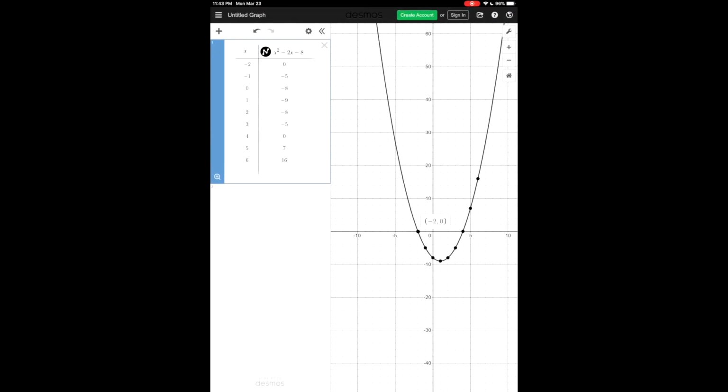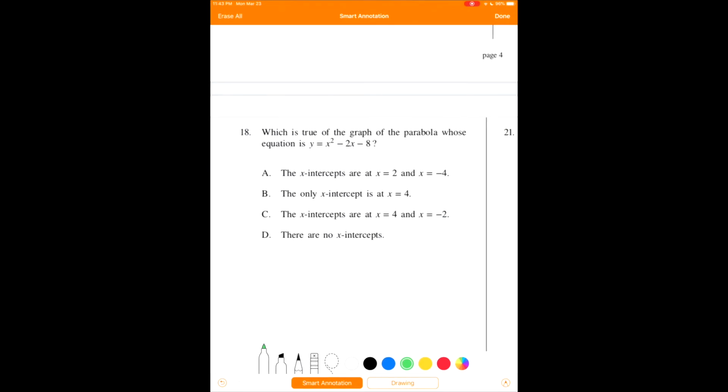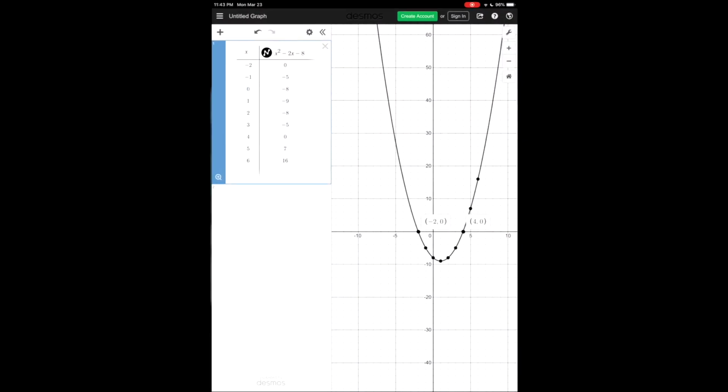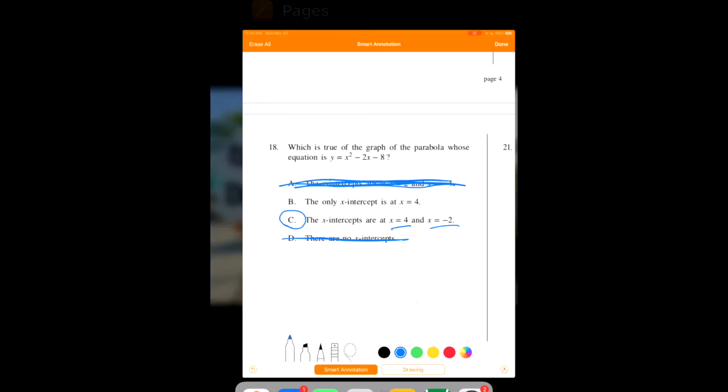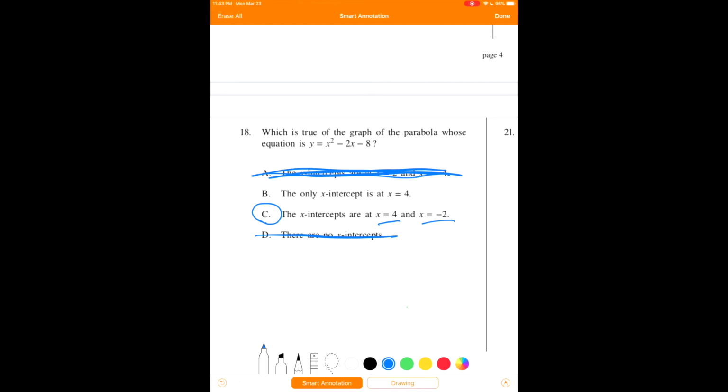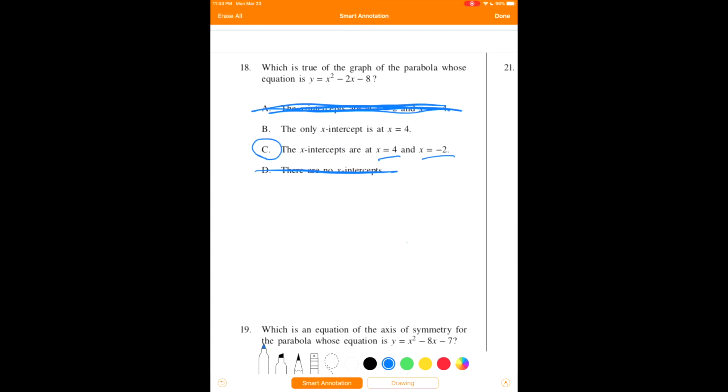So here's my x-intercept, negative 2 and positive 4. So it's asking me which one's true. So that's going to be choice C, negative 2 and positive 4. Choice A is giving me the wrong signs. And then D says there are no x-intercepts, which is not true. I crossed the x-axis twice here. And then B is telling me I only have one x-intercept, which is not true.